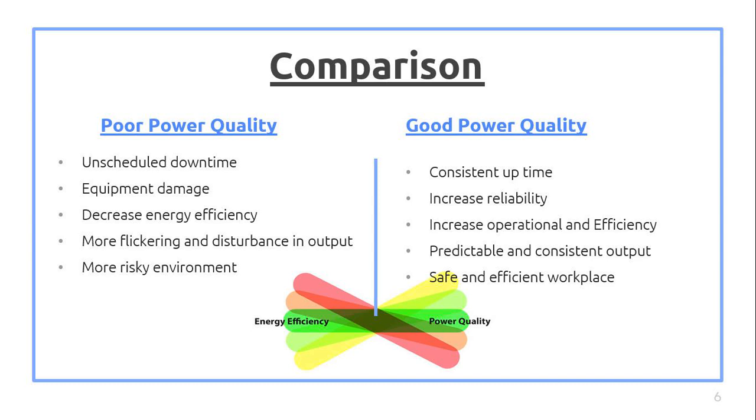Good power quality leads to consistent uptime, increased reliability, increased operational efficiency, predictable and consistent output, and a safe and efficient workplace. It means if your power quality is good, your efficiency is also good.